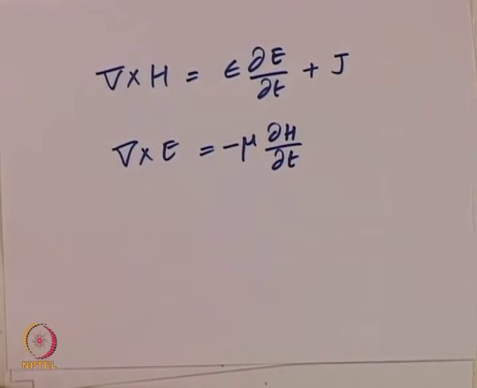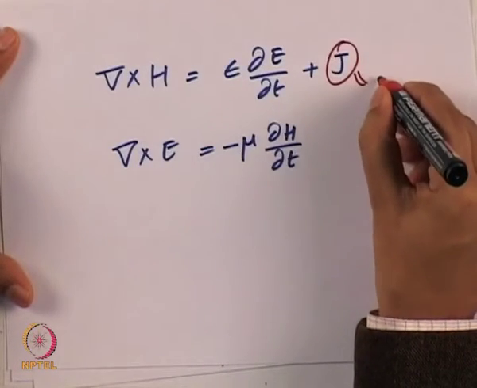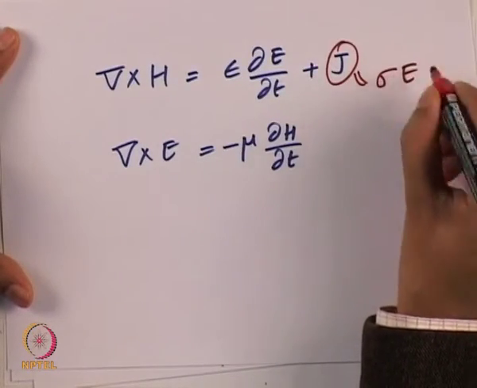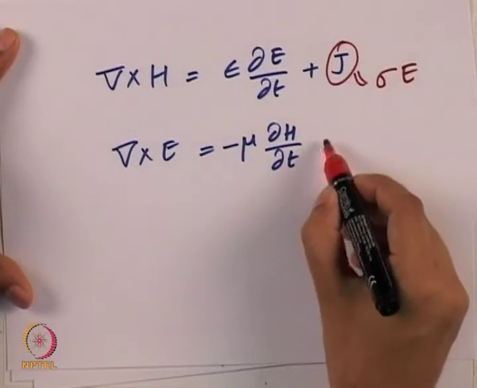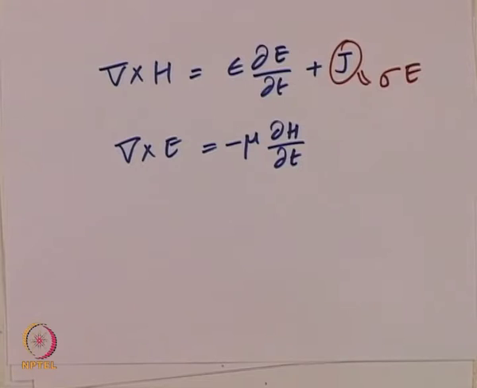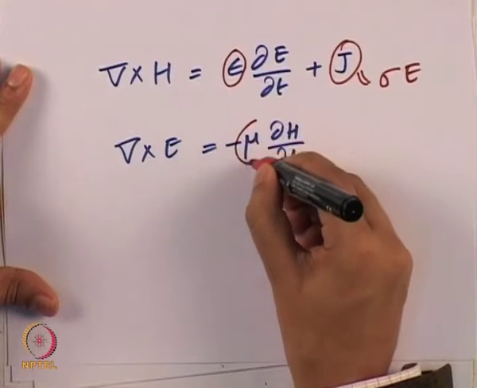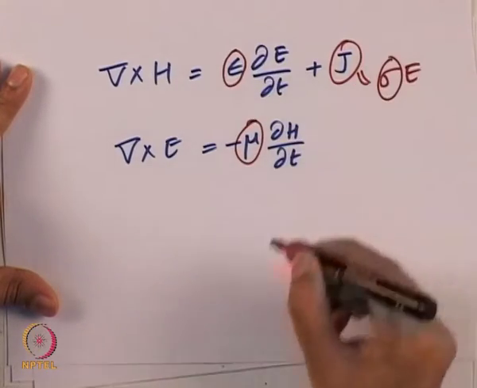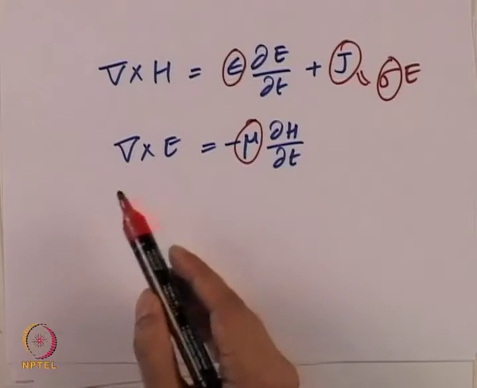Here the value of J is the source term, which is equal to sigma E, and since we don't have magnetic charges, we don't have any additional term in this case. So we are going to stick with this particular form, and we are going to understand the impact of various terms, namely permittivity, permeability and conductivity. These terms are going to impact the way the wave is going to propagate.